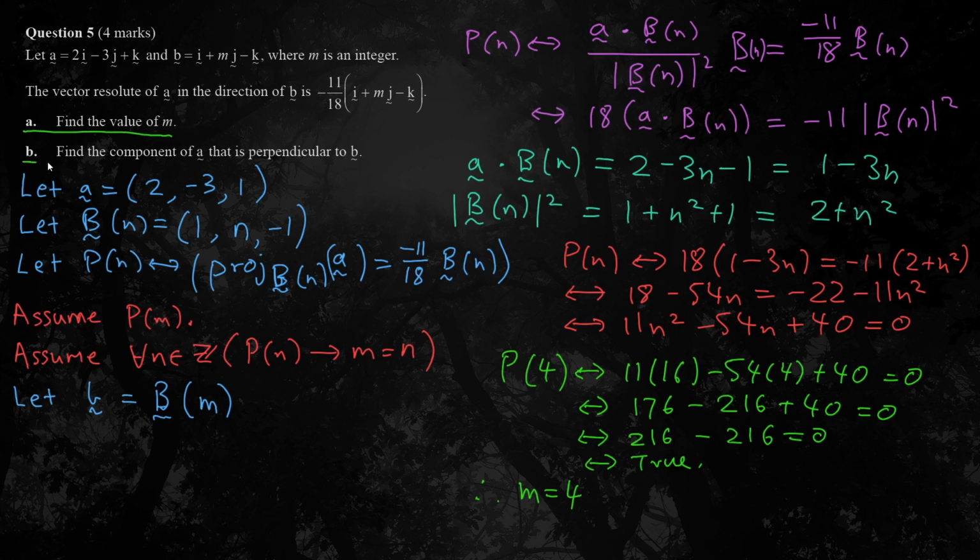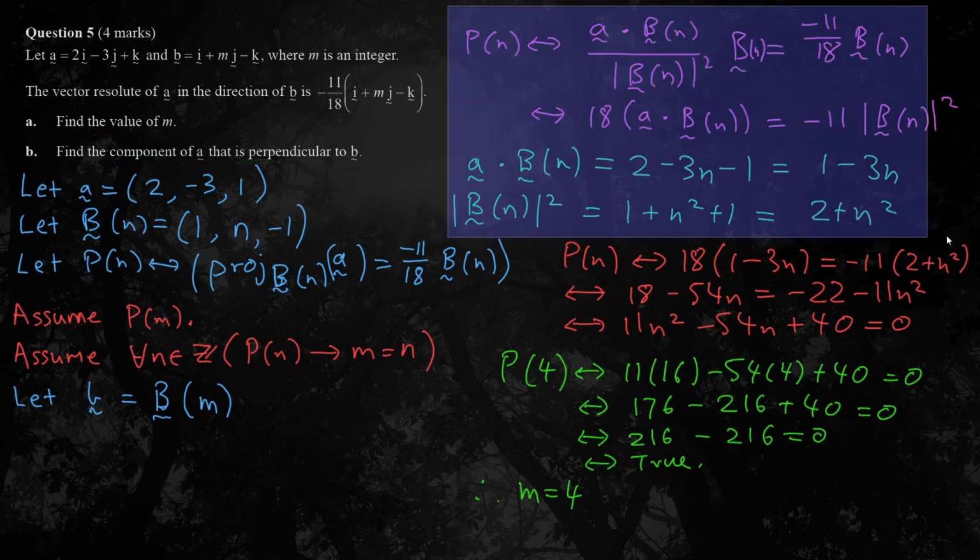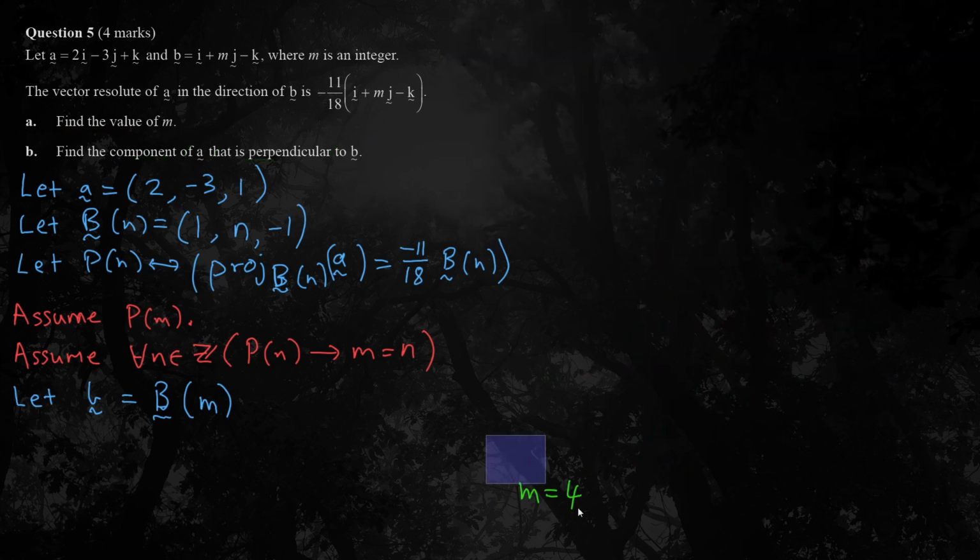Now we're going to have a look at task B. And that says to find the component of A that is perpendicular to B. Okay, so we've already got the component of A that is parallel to B. And now we need to find the component that's perpendicular to B. So to do that, let's just get rid of all this stuff. We don't need it anymore. And I'll just keep the statement that m is 4 because we found the correct value for that, so that could be helpful.